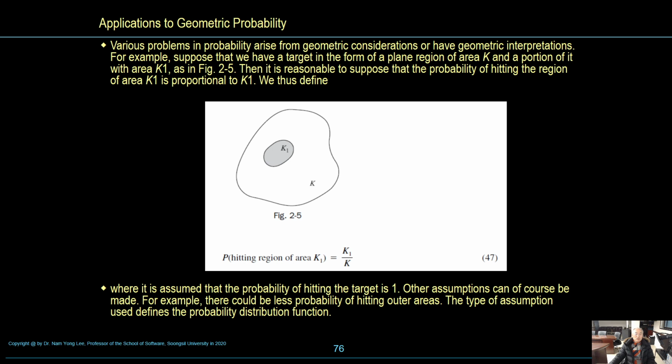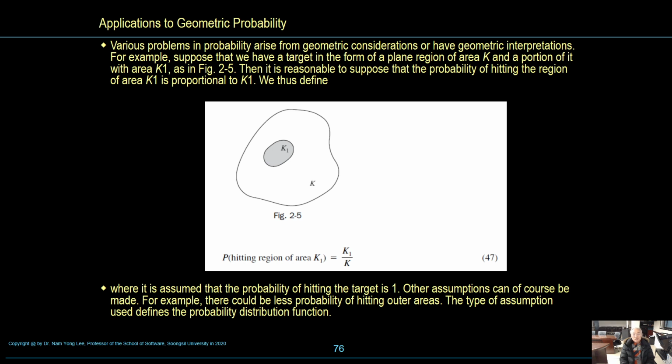Application of geometric probability. Various problems in probability arise from geometric considerations or have geometric interpretations. For example, suppose that we have a target in the form of a plane region of area K and a portion of it with area K1, as in figure 2-5.